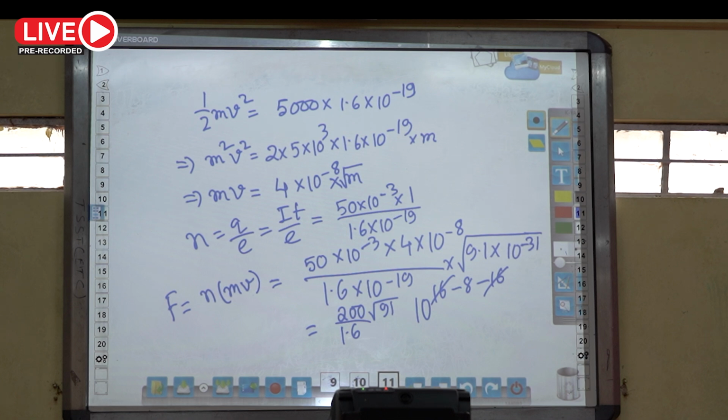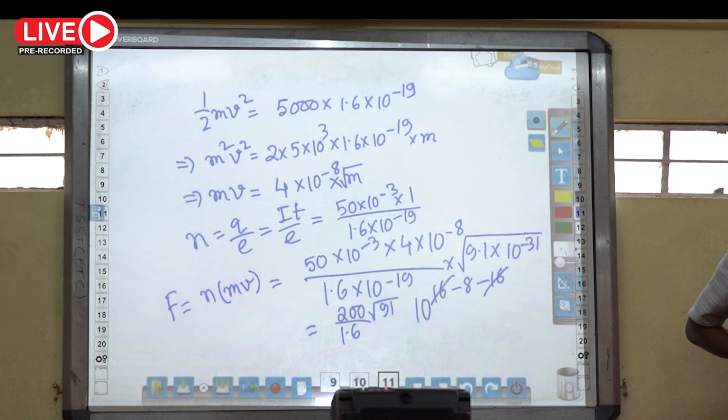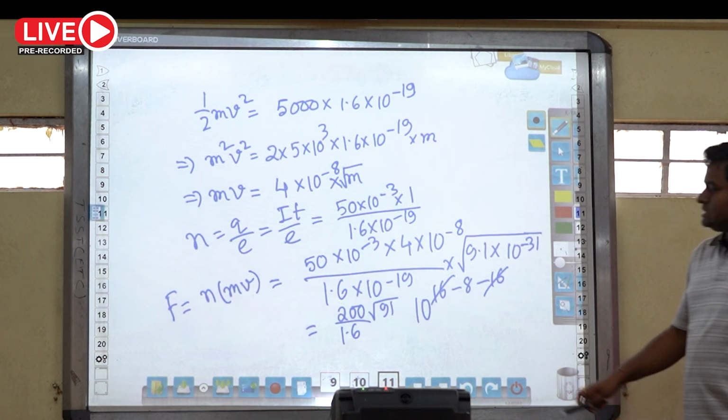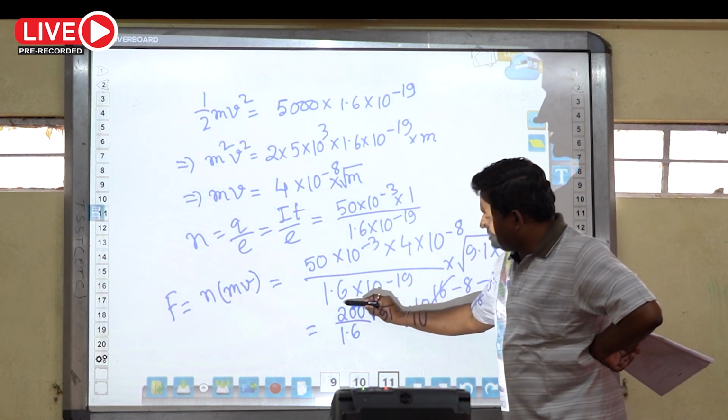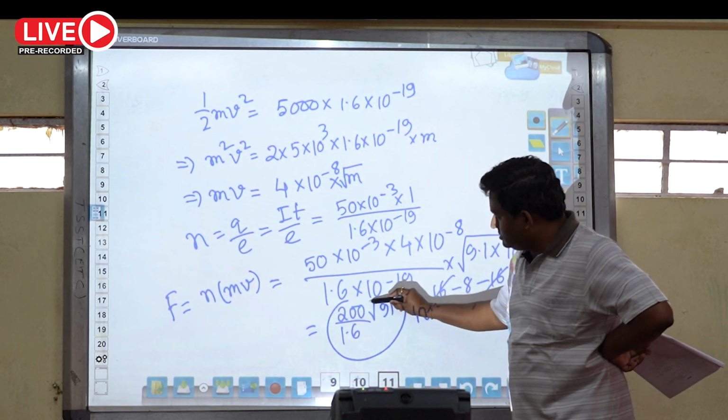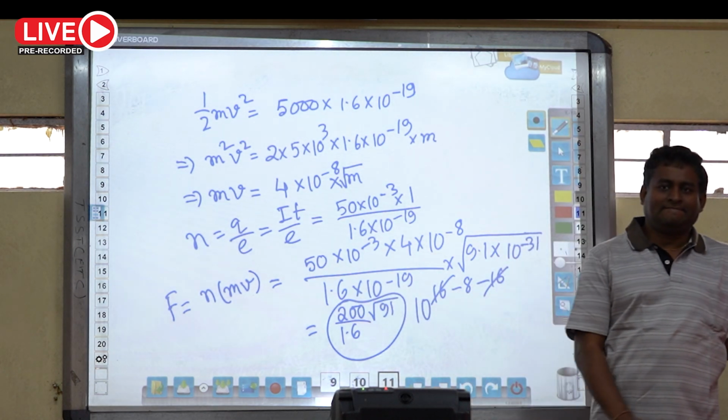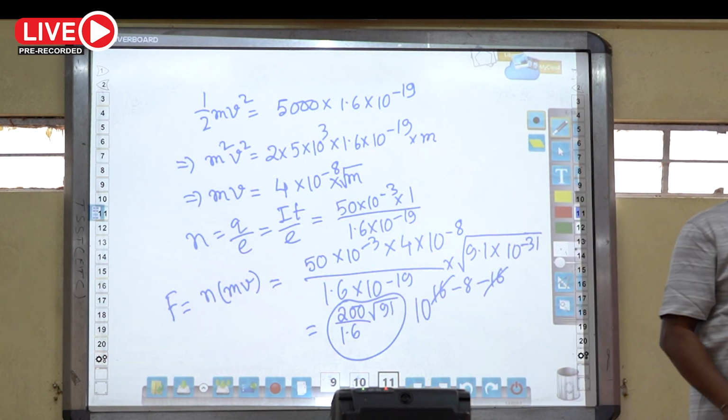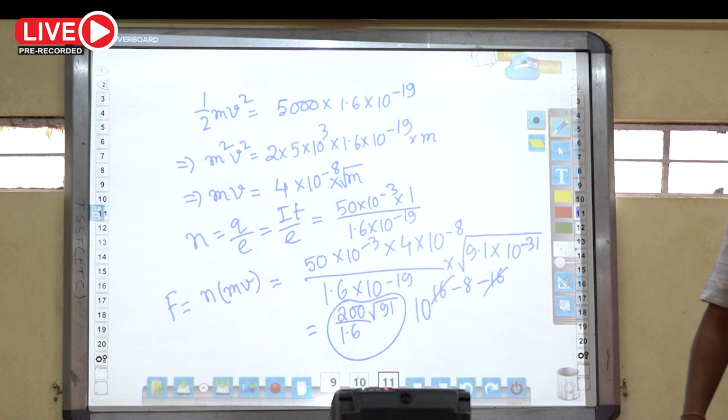Option A. Just tell me this value. There is a calculator in the tab.